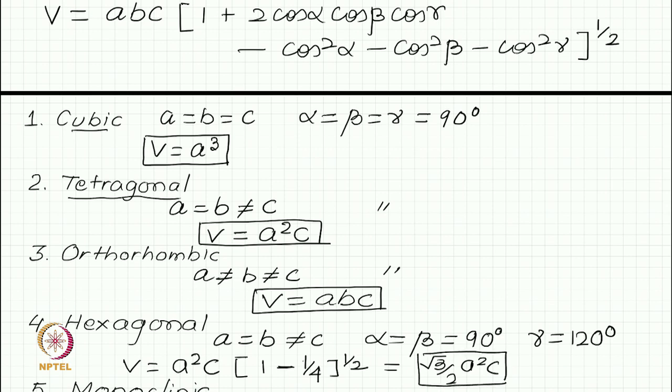Let us see whether it is justified from our normal, because hexagonal also we were not really required to use such complicated formula. We could have done it with our school geometry. So, it is actually two equilateral triangles, which is the base.